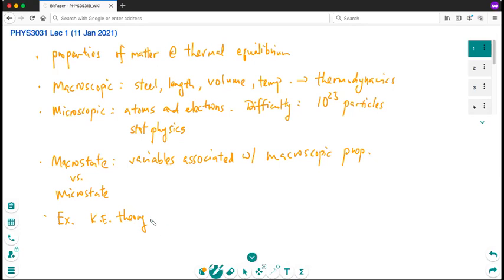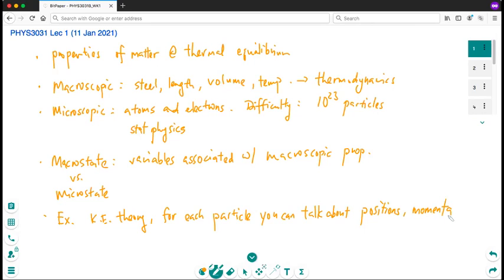For each particle, you talk about the positions and the momentum in all 3 directions.